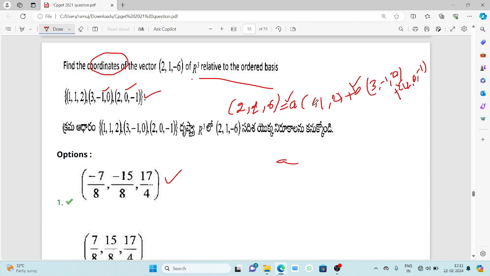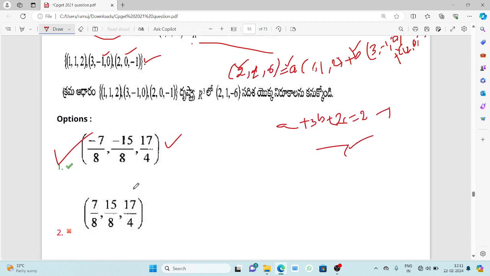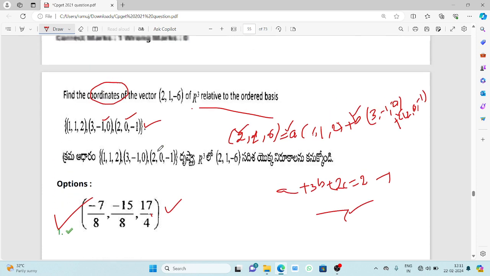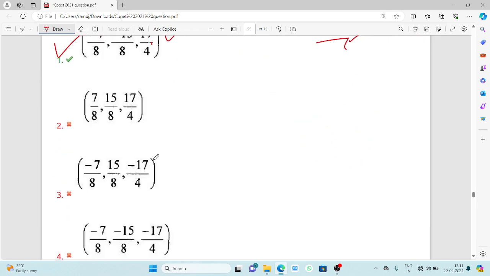That is A plus 3B plus 2C equals the first element of the vector. Similarly you get three equations. If you solve those, you directly get the answer: minus 7 by 8, minus 15 by 8, 17 by 4. So that is the coordinate vector for the given basis.